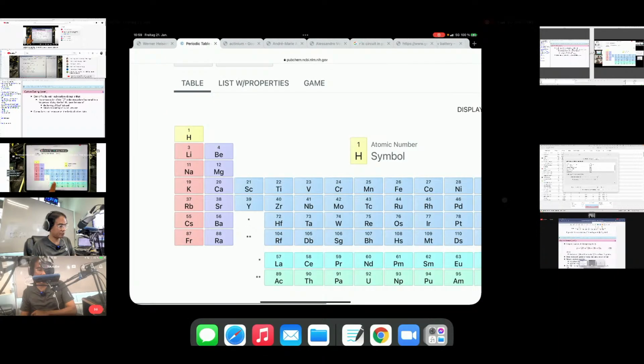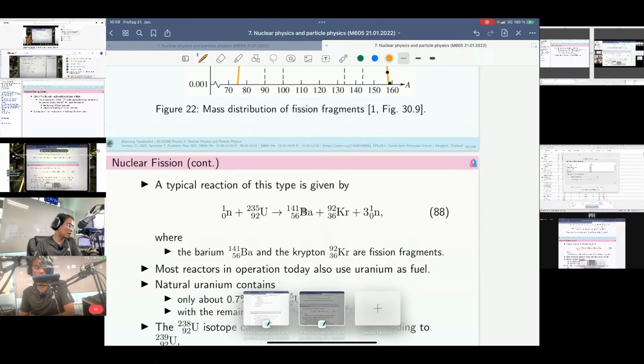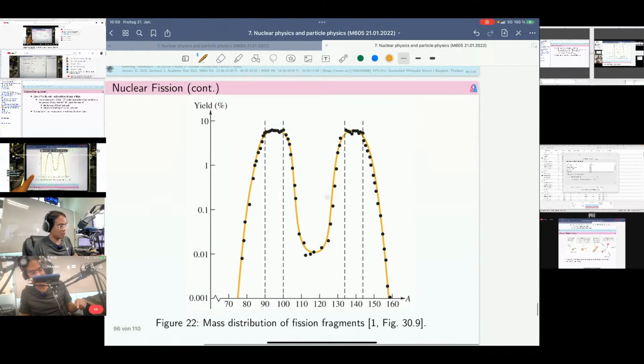We accelerate the neutron to hit the uranium-235 isotope, and the nucleus tries to separate, and finally, due to the high vibration, we get barium and krypton, right?